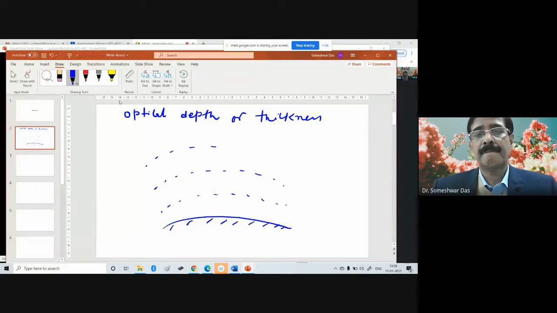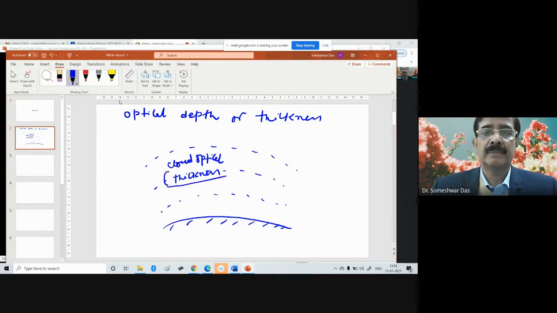Consider the cloud optical thickness: suppose you have a cloud in this layer and you need to calculate its optical thickness.